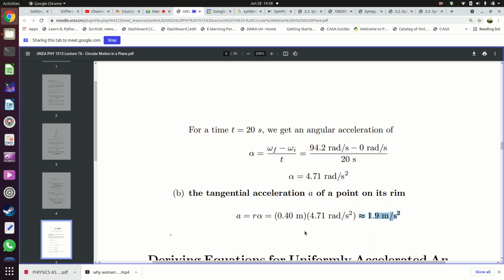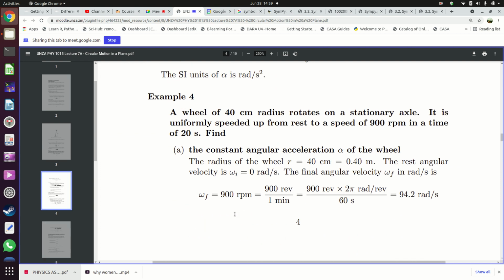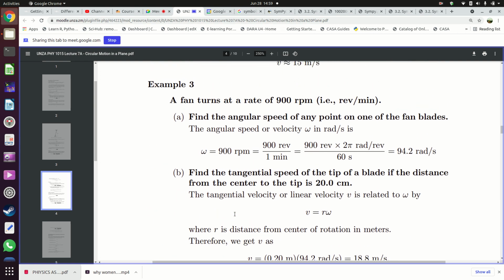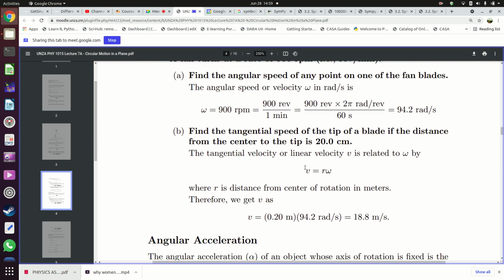So what I've shown here with this formula is the relationship between the acceleration when you're moving in a straight line and the acceleration when something is moving in a circle. The acceleration in a straight line is related to the acceleration in a circle through this formula. Also, the velocity in a straight line is related to the velocity of an object moving in a circle through this expression, v is equal to r omega.